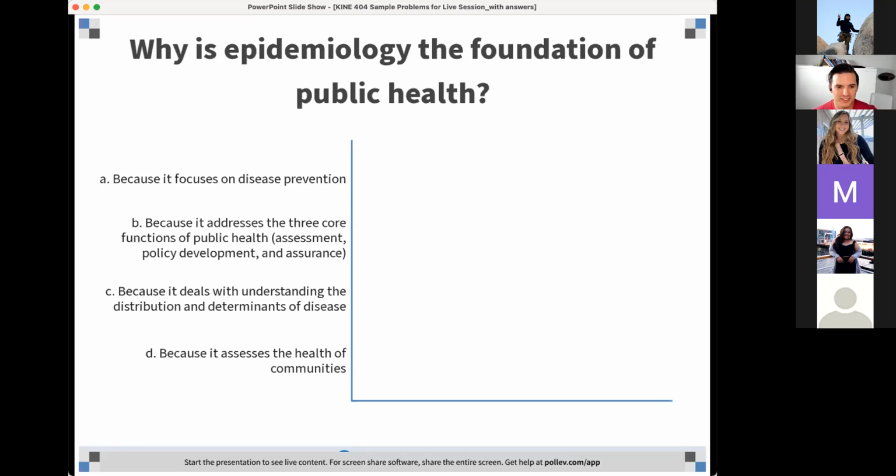Okay, that's what was going on. On the slide, it says start the presentation to see live content at the bottom. That's probably why it wasn't showing up on the slide. Are you not seeing it on the slide? I have the slide pulled up on my iPad, but there's a bar at the bottom that says start the presentation to see live content for screen share software. So you can't see the pollev.com at the top of what I'm sharing?